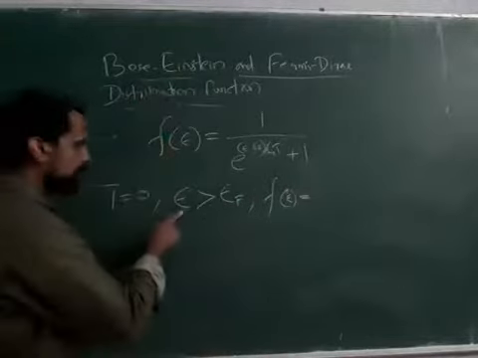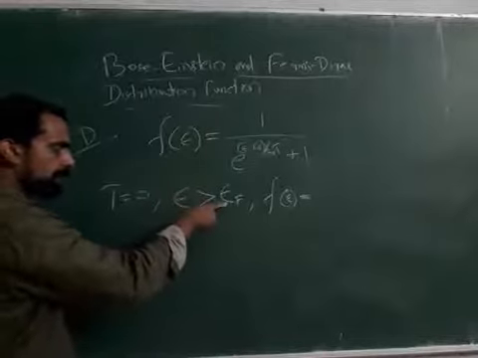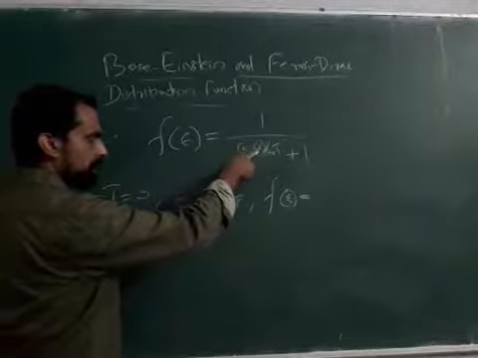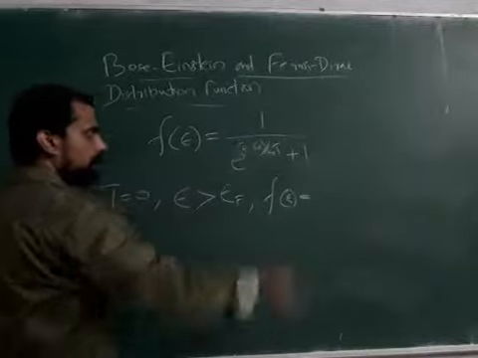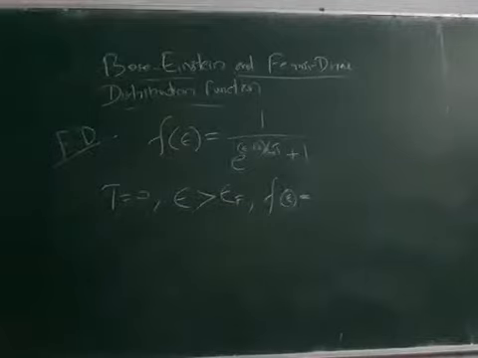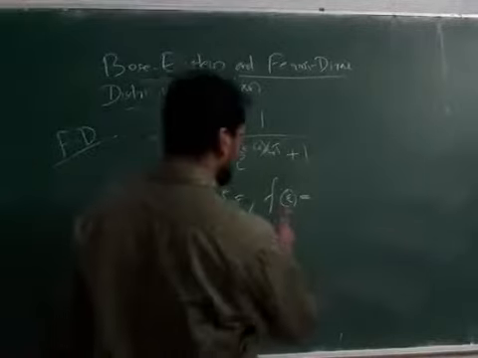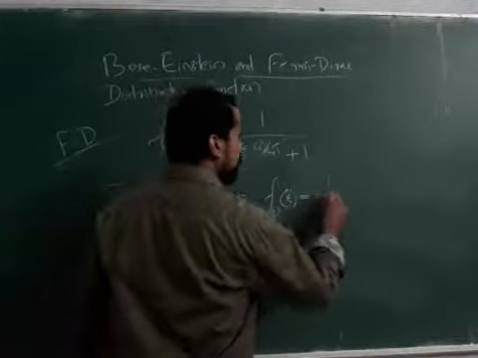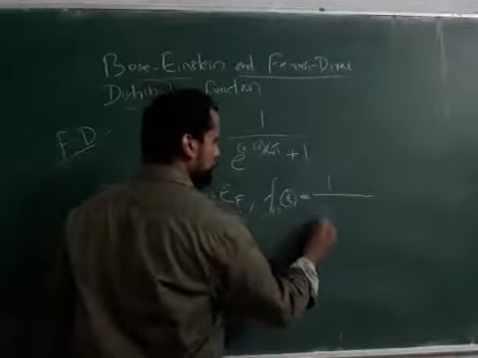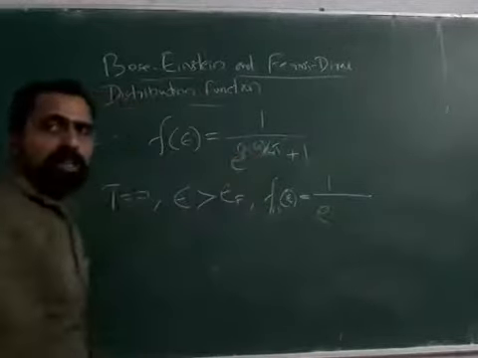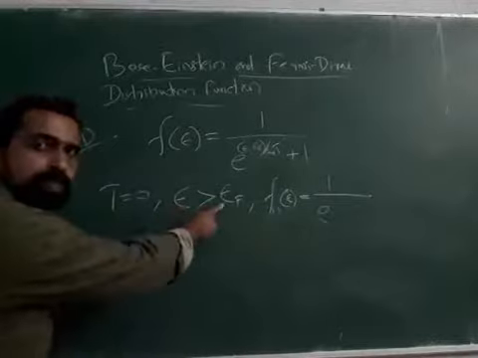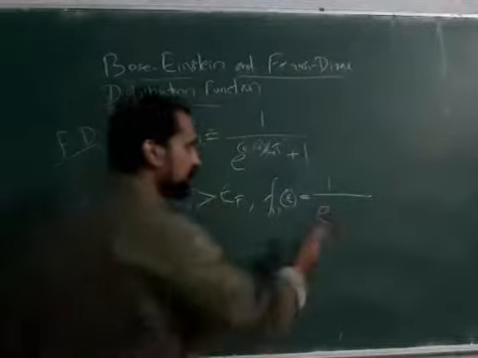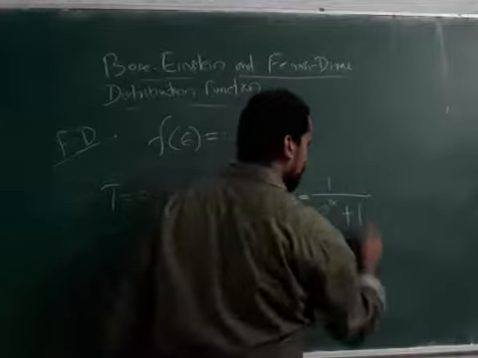Here epsilon is greater than epsilon f, so this is a positive quantity and the total will be positive. So f of epsilon is equal to 1 by e raised to a positive quantity, and T is 0, so 1 by T is infinity, so e raised to infinity plus 1.